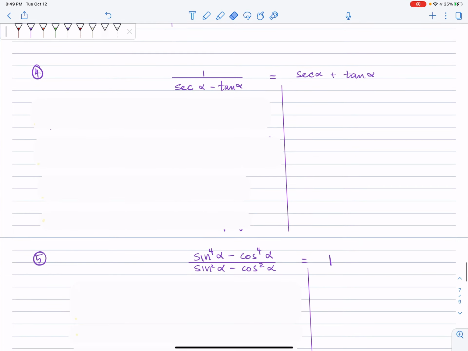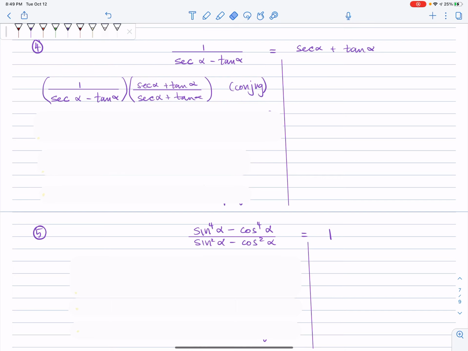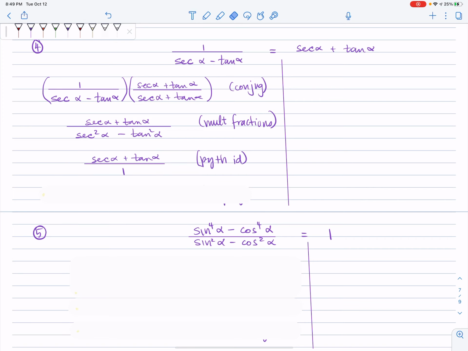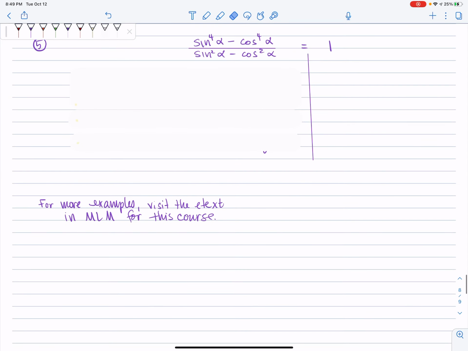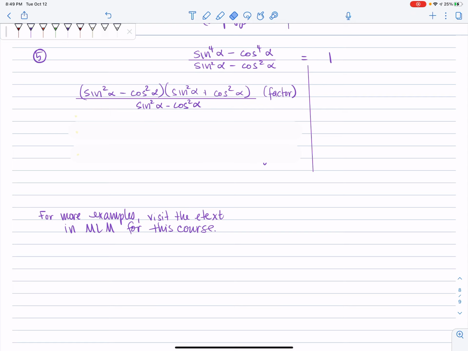And then we have example number 4. You may want to pause. And one more time, example number 5. So pause the video, see if you can work this one on your own. And see if you got that.